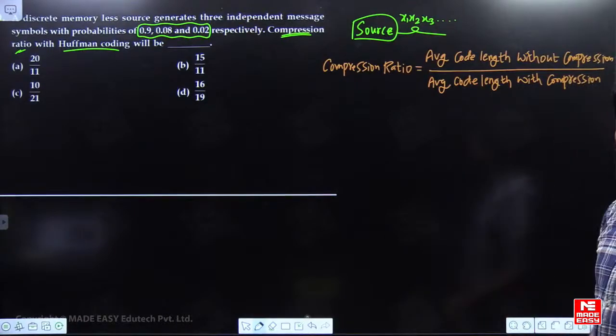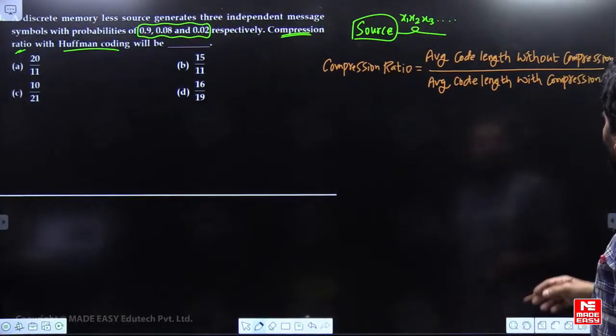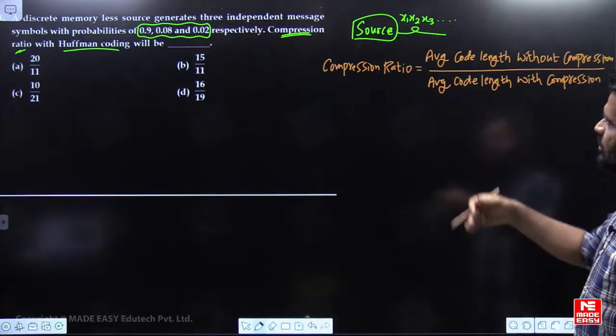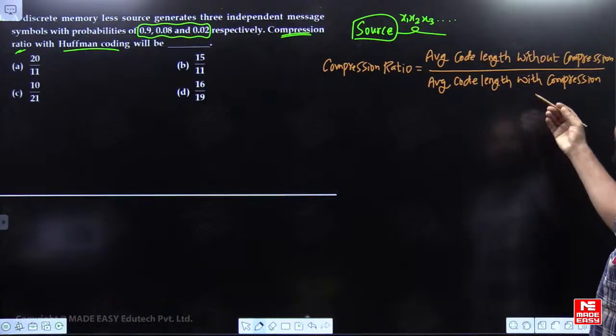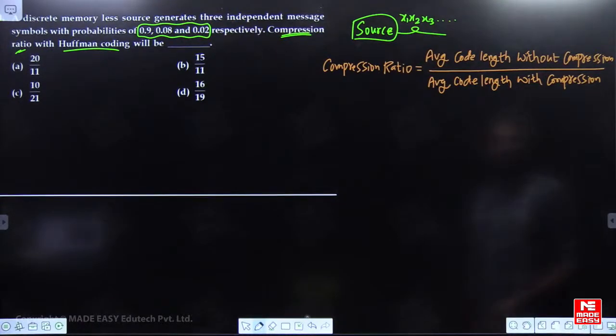So, without compression and with compression. With compression means that by performing Huffman coding, whatever average code length we get, that is the average code length with compression.